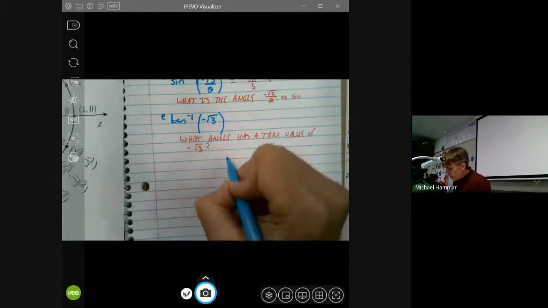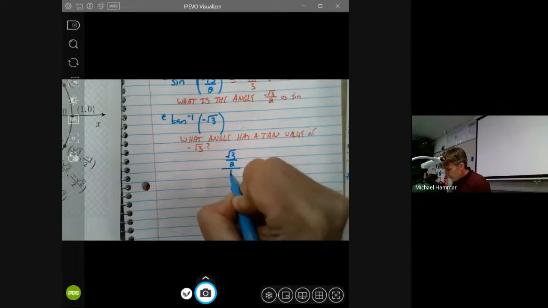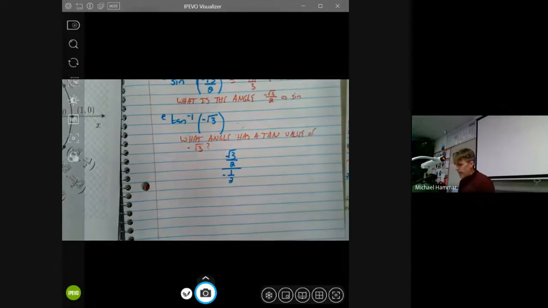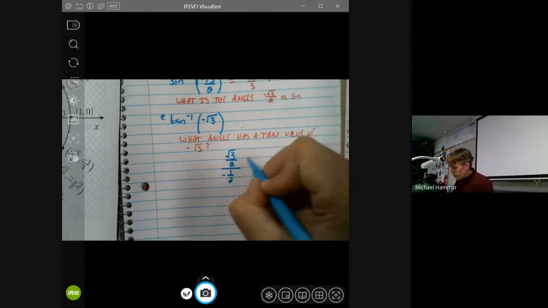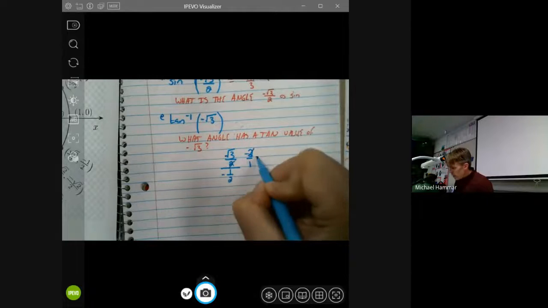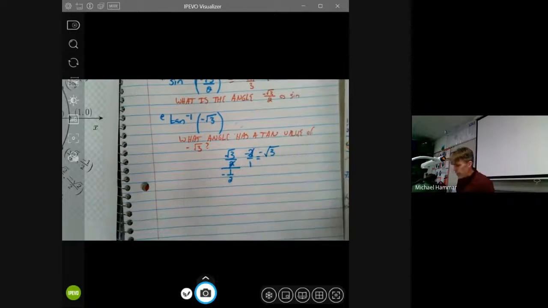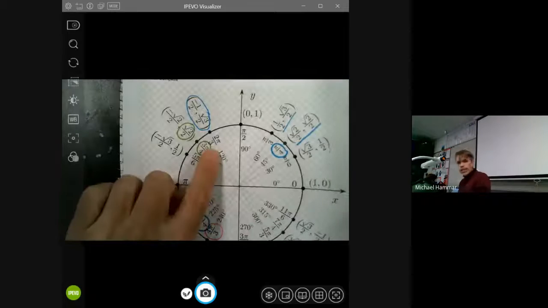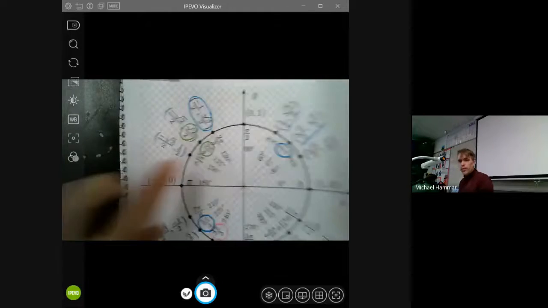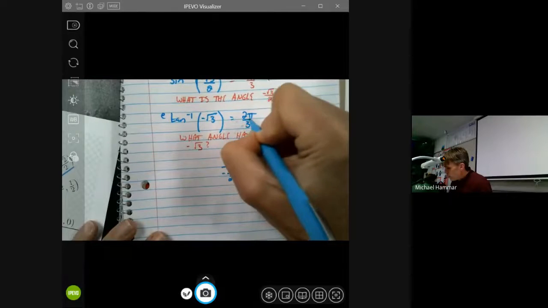So I have the square root of 3 over 2 divided by negative 1/2. If I flip and multiply, I get negative 2 over 1. These cancel out, so it is negative square root of 3. So this angle, 2 pi over 3, is one of my solutions.